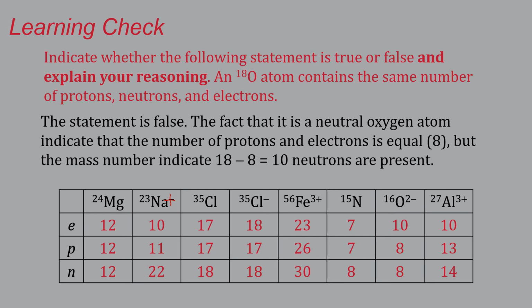So sodium is element 11, which means it's got 11 protons in it. The total mass is 23, so 23 minus 11 is 12, so that implies there are 12 neutrons. It's a +1 ion, so that tells you that it has 1 electron fewer than it does protons, which gives you a total of 10 electrons.